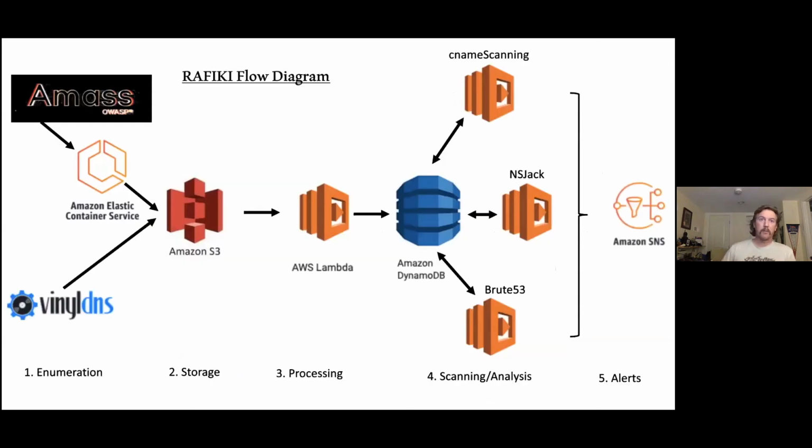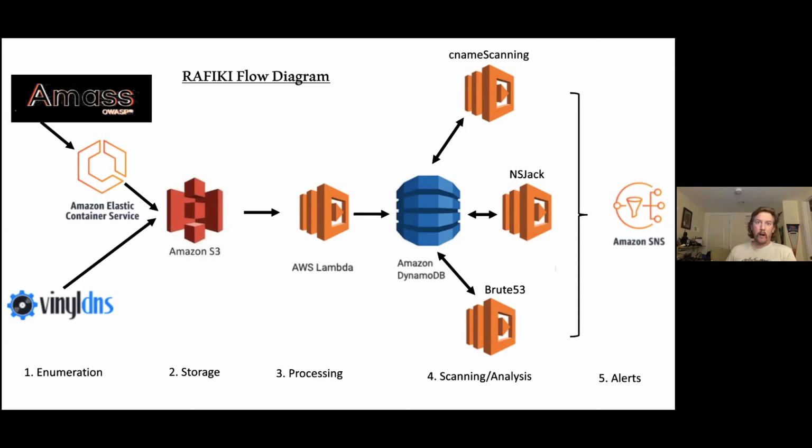And Amazon provided a great place for us to do that with this kind of architecture that we built it around. So an engineer on our team built Amass into a container. And then we got the authoritative records from Vinyl and aggregated all of those together, and then pushed them up into an S3 bucket.